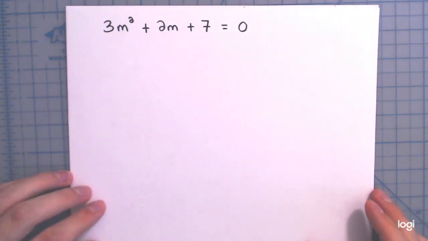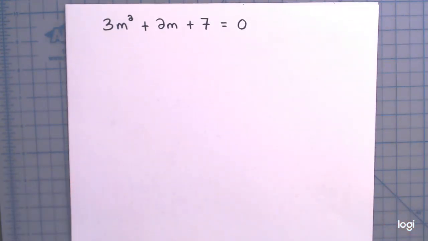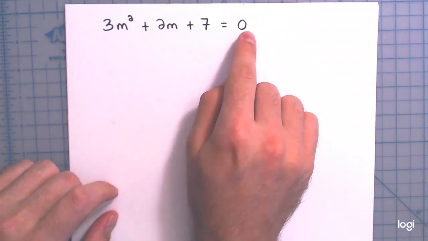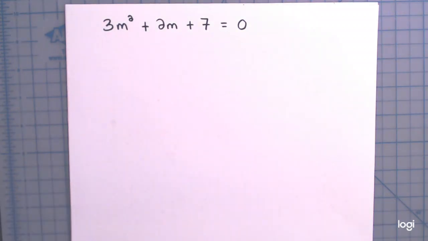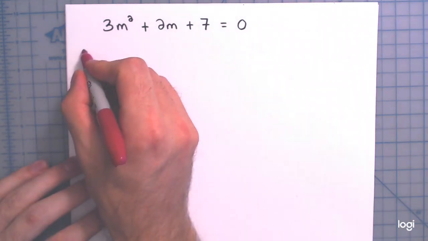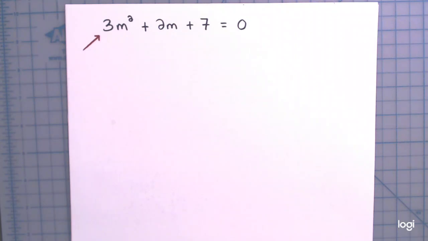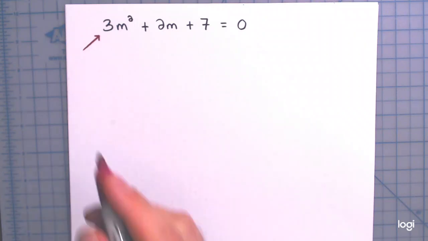That's the beauty of it. This last one is 3m squared plus 2m plus 7 equals 0. Again, I'm trying to solve this quadratic by completing the square, and the coefficient on the squared term, the m squared, is not 1.